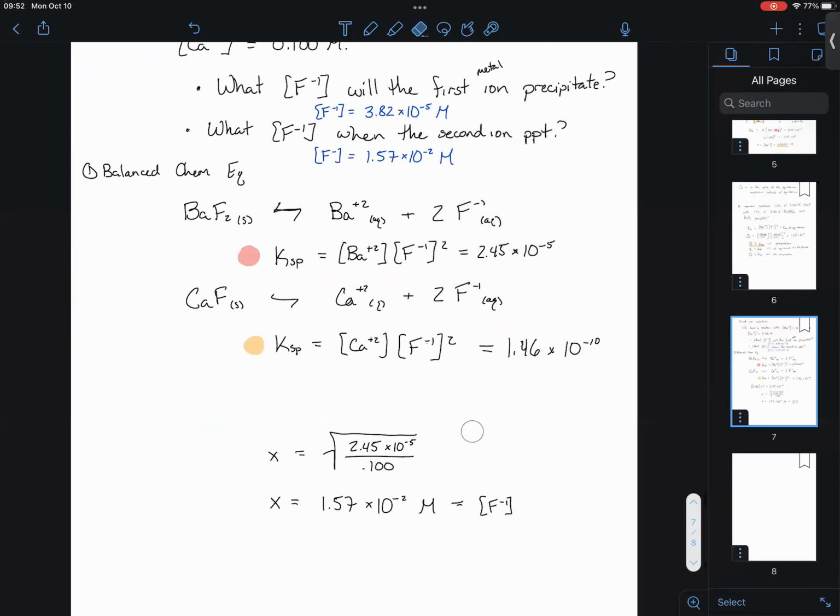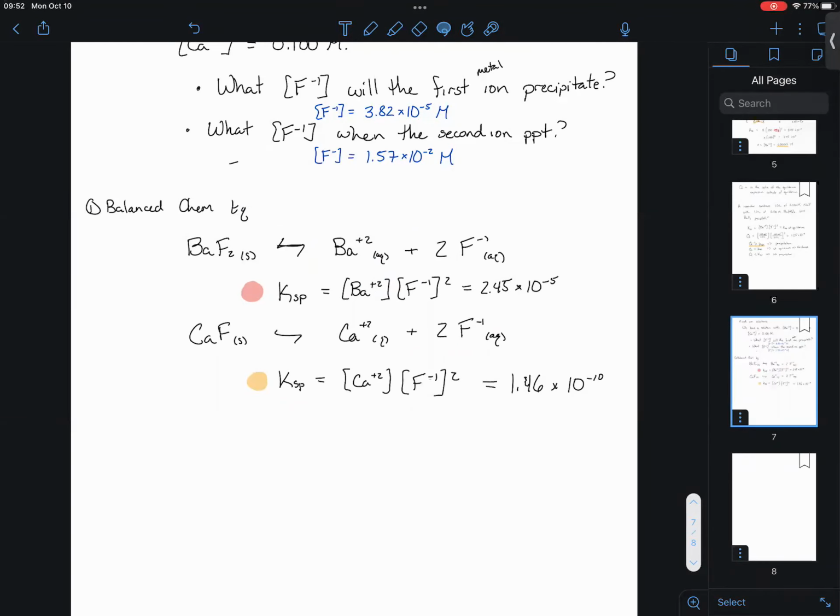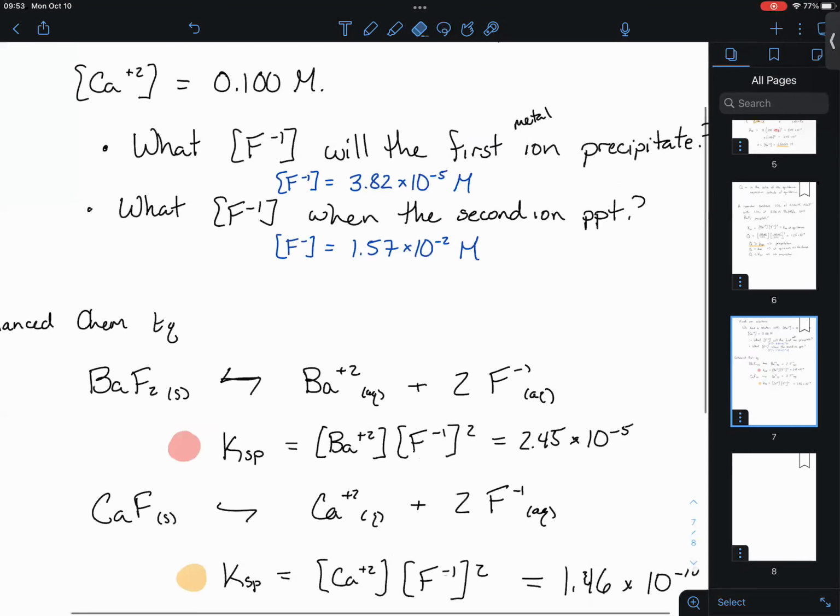Okay, just going to make some room here, because then the last thing that can be asked is, okay, so I know what concentration fluoride is going to be when the first ion starts to precipitate, my calcium. I know what concentration of fluoride is going to be when my second ion starts to precipitate, the barium.